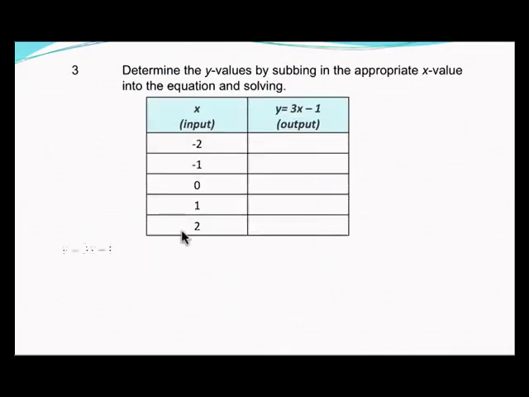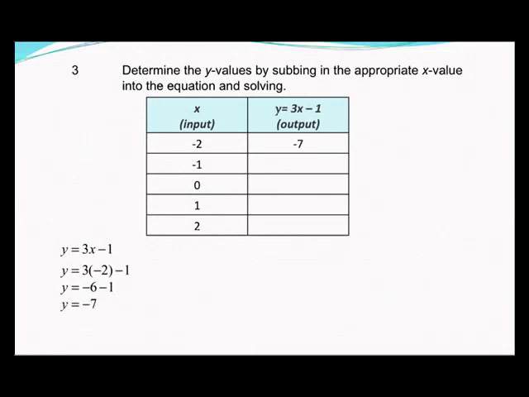So for the first question, we're going to sub in 3 times our input, which is 3 times -2, and then take away 1. And then we'll put our value in our table of values. So 3 times -2, and make sure you sub it in brackets, is -6, take away 1 is -7.